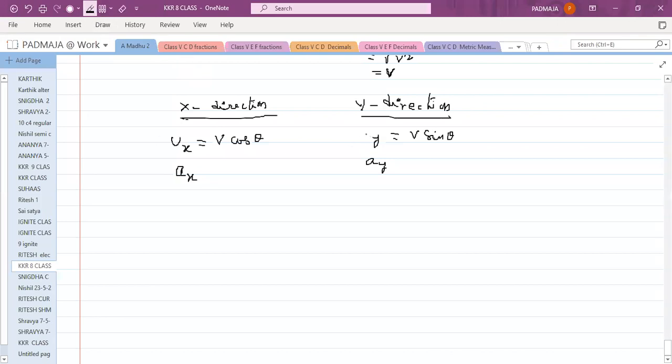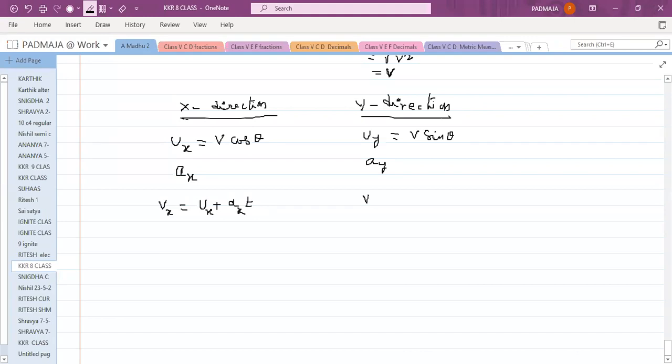For your understanding, I will write the initial velocity of the particle as ux and uy. Then the final velocity of the particle vx along the x-axis after some time is, you know, the formula v equal to u plus at. But you are solving this along x direction only, vx equal to ux plus ax into t.